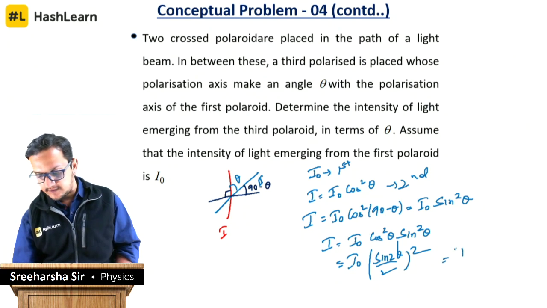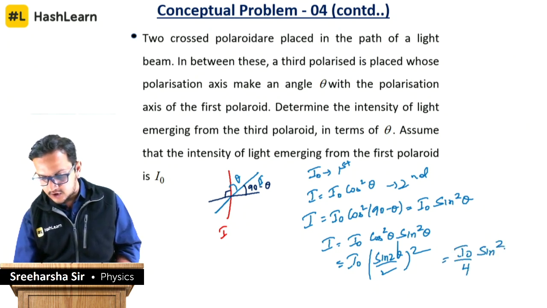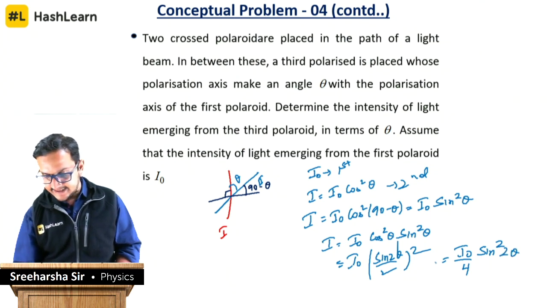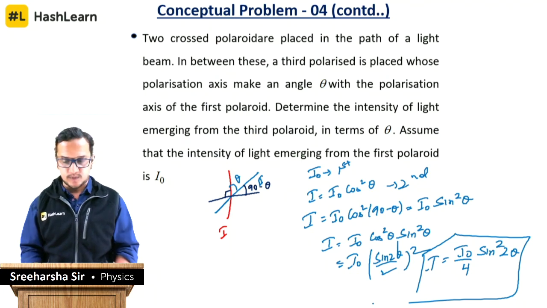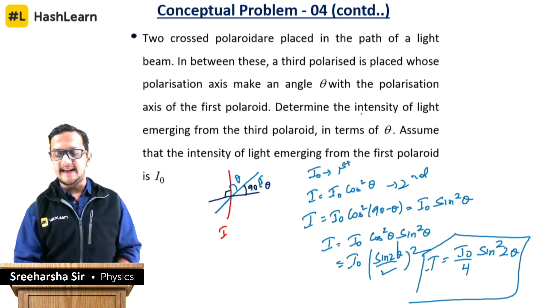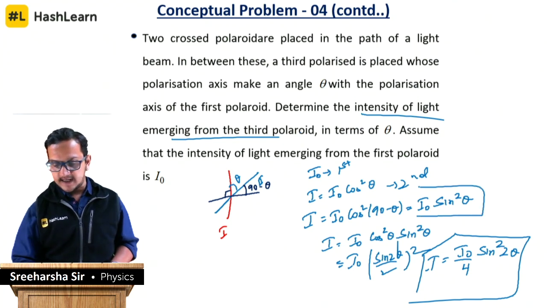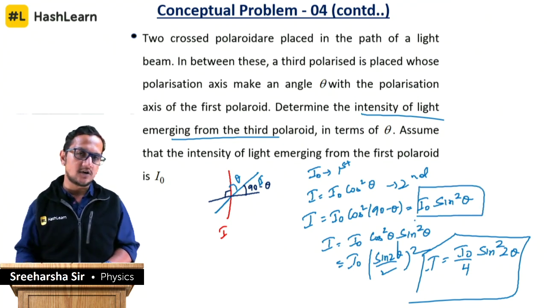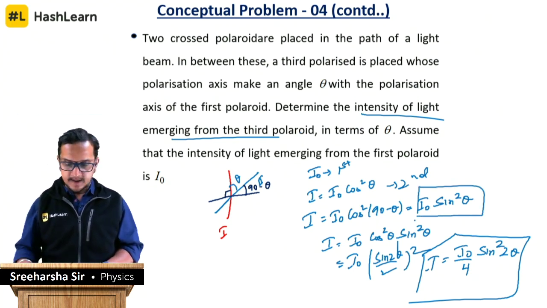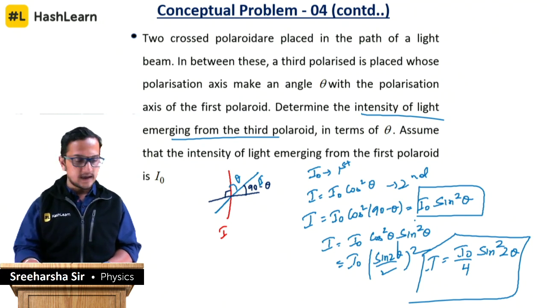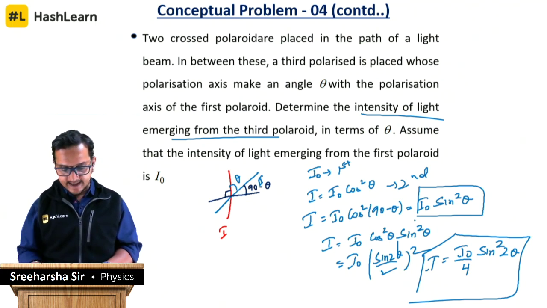So from this you will have I naught by 4 sine square 2 theta as the intensity emerging out from the third polarizer. But we have to write it in terms of the second one.